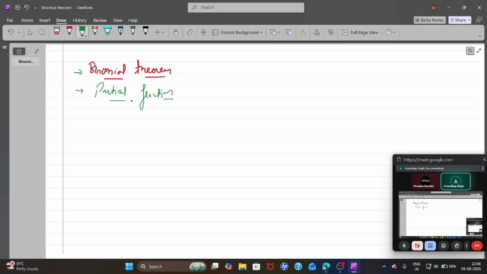So in partial fraction, basically what is partial fraction? Let us say I ask you to add 1 over x plus 1 and 2 over x plus 2, that is, write these two fractions as a single fraction. What will you do? Definitely you will do the cross multiplication.